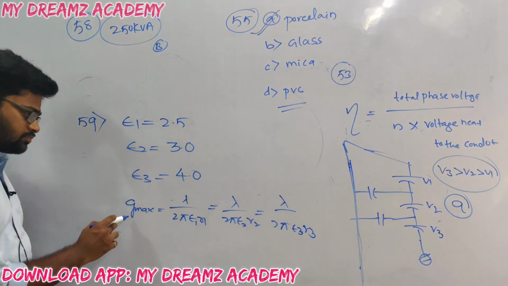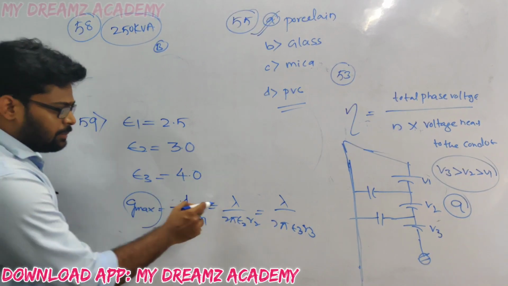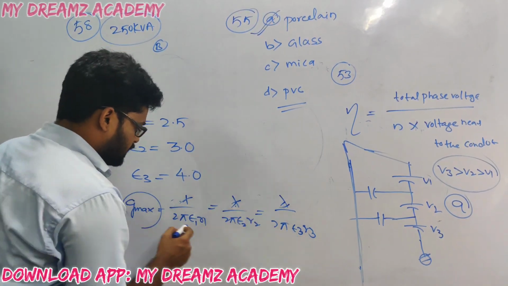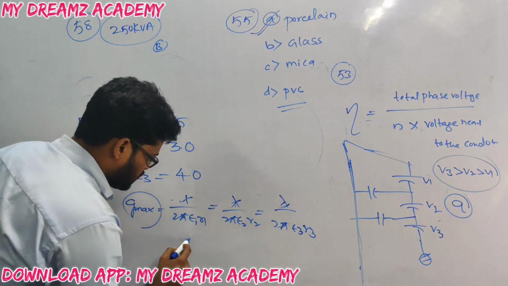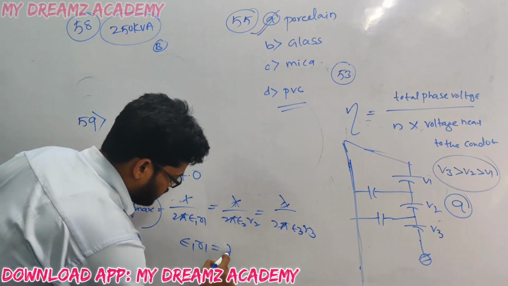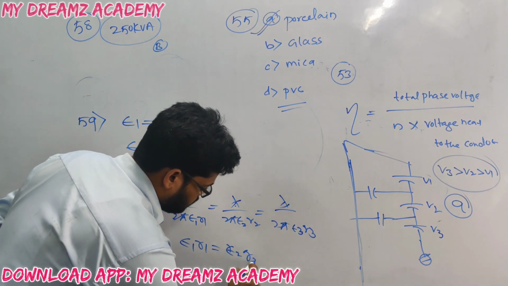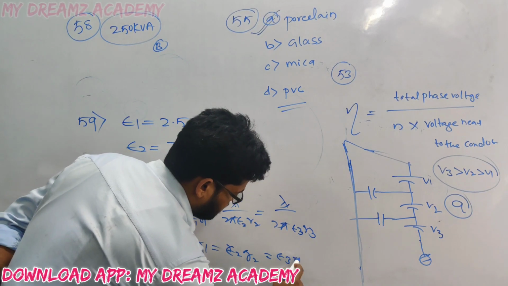So G maximum is constant, lambda is already constant and 2 pi is also constant. So epsilon 1 R1 equals epsilon 2 R2 equals epsilon 3 R3.